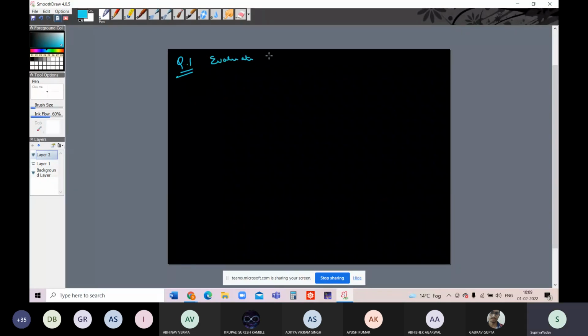Evaluate integral a to b phi t dt, where this function phi t is defined as t e to the power minus it, and this lower limit is 0 and upper limit is pi.